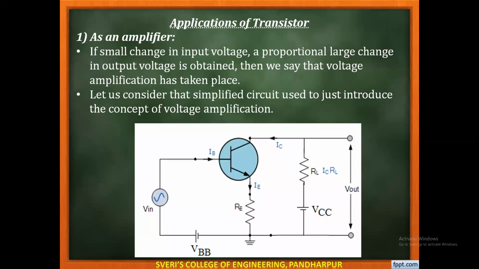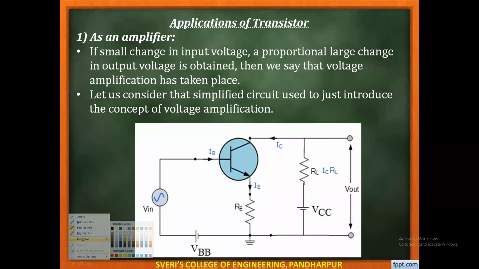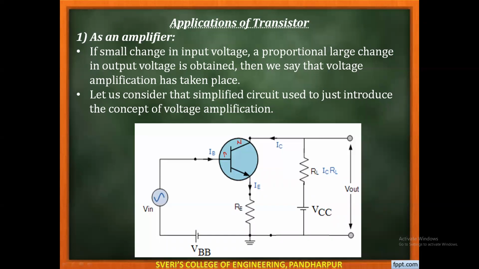Now, if you see here, you will observe the circuit diagram. See that very carefully. I will try to explain one by one so that you will get the circuit diagram here. So here I consider an NPN type of transistor, which is connected in a common emitter configuration. Why?